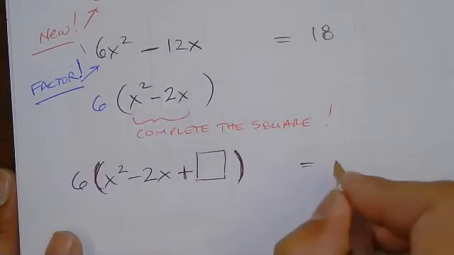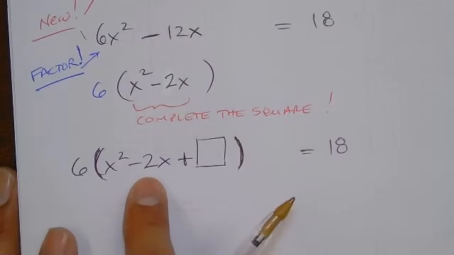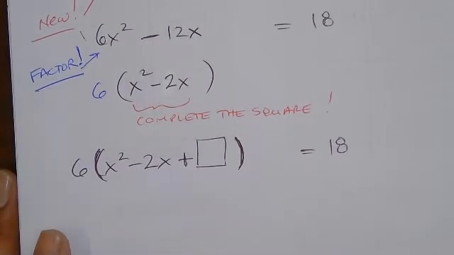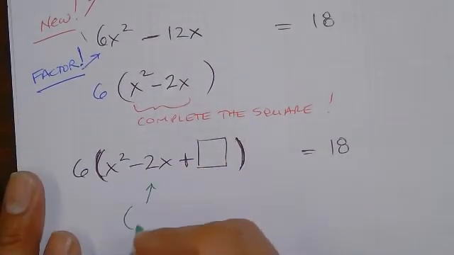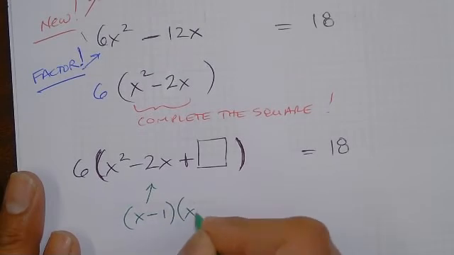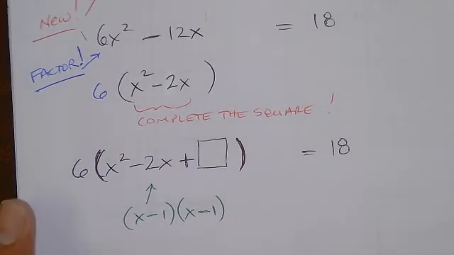Everybody agree I need to add a number here? And I still have the 18 over here. So that's a negative 2. I have to look ahead. If that's a negative 2, what's going to be in the parentheses here? A negative 1 and a negative 1, right? Because half of negative 2 is negative 1.